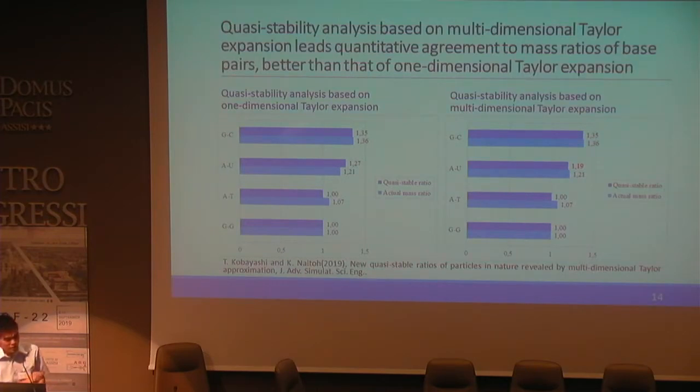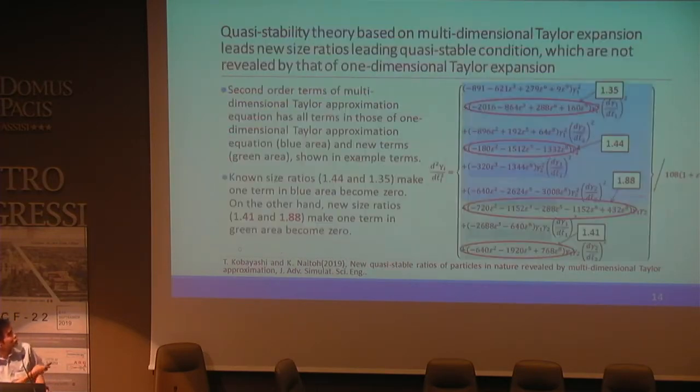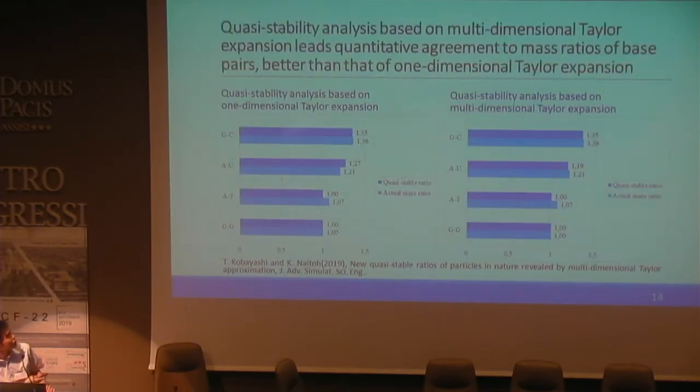This figure shows the result of quasi-stability analysis, which is a comparison of the ratios derived from quasi-stability theory and actual mass ratios of base pairs. The left-hand side one shows the quasi-stability analysis based on one-dimensional Taylor expansion, and the right-hand side one shows that of multi-dimensional Taylor expansion.